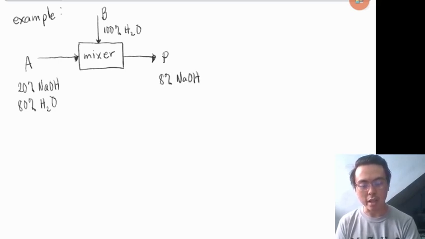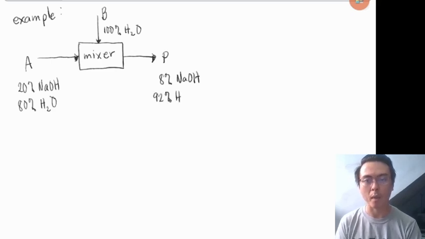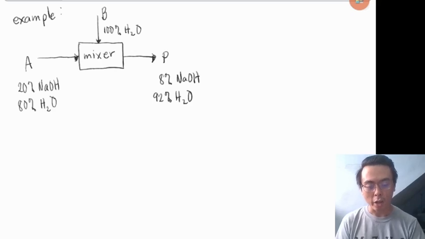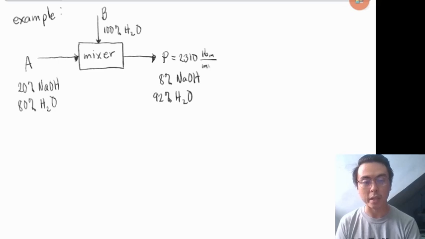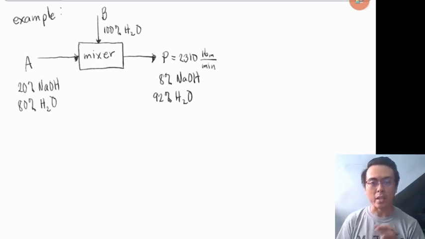And since this is aqueous, the balance is 92%, that is your water. Another given is that P, or your product stream, has a value, and that is 2,310 pounds mass per minute. And that is our entire diagram.